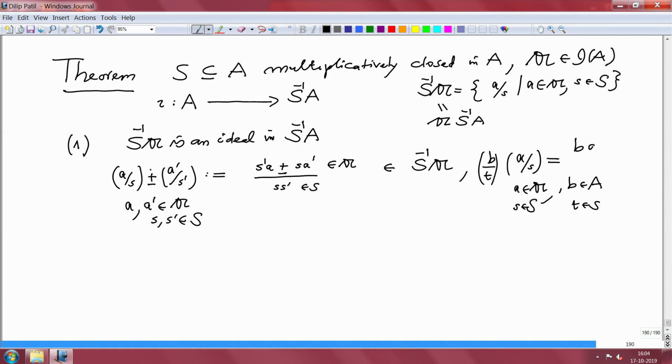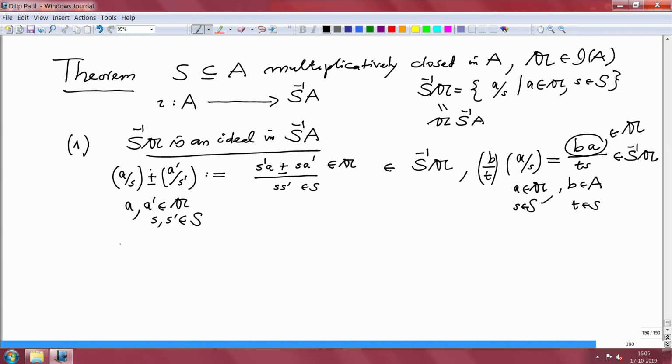It is B A divided by T S. But because A is in Gothic A and Gothic A is an ideal, the numerator is in the ideal A, and therefore, by definition, this is in S inverse A. So, that checks that this is an ideal in S inverse A. Very simple, the definition should be clear.